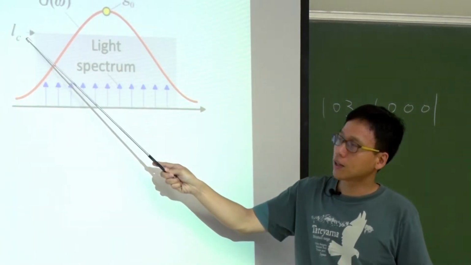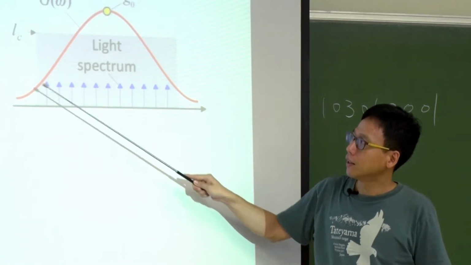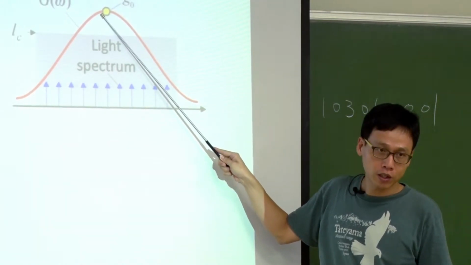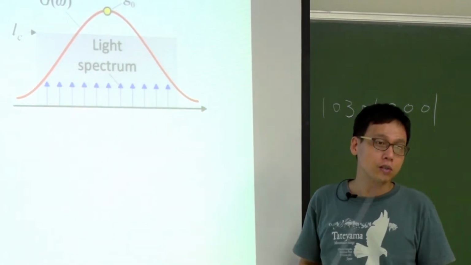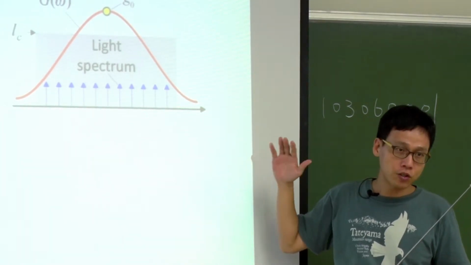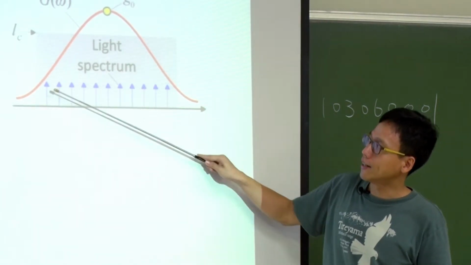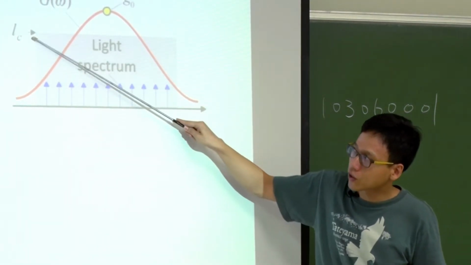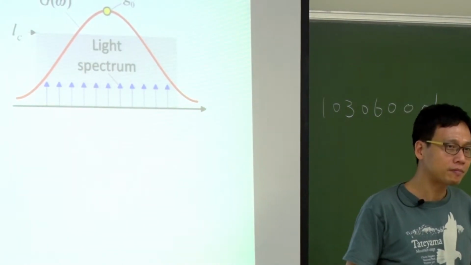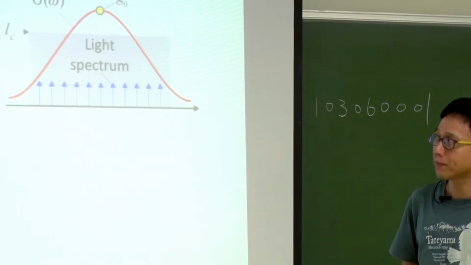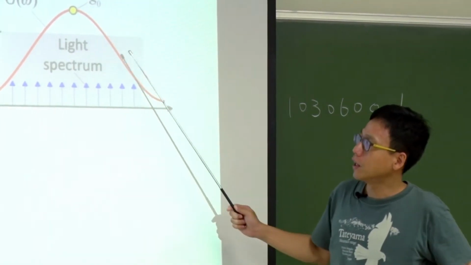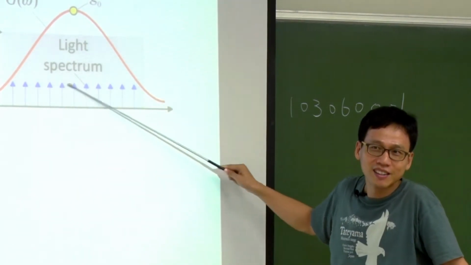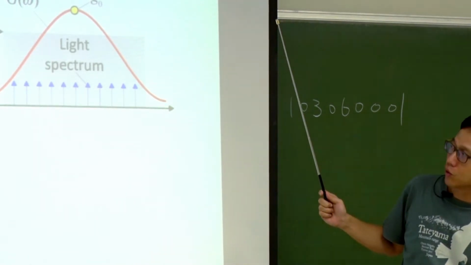And LC means the cavity loss. The peak of the red curve is higher than LC. So it means you have to provide sufficient pump rate such that at least some of the gain spectrum is larger than the loss. Okay? That's the initial condition. If this happens, then you can imagine what's the next step of these frequency components. Okay? In the next step, you will see like this.